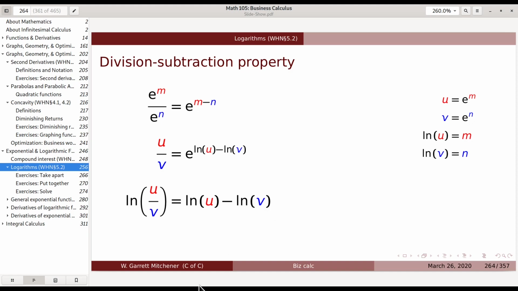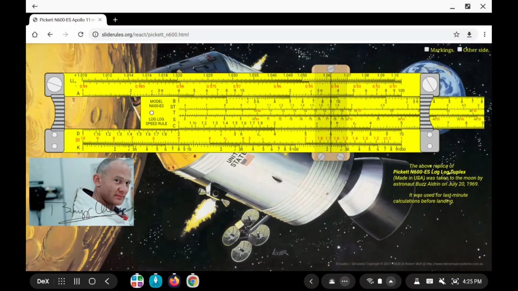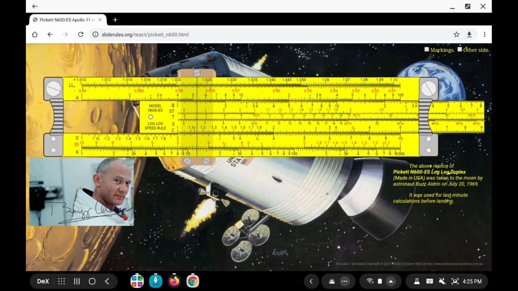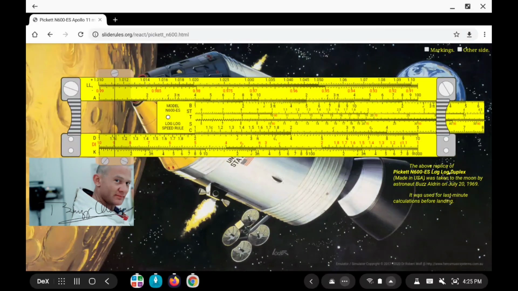I can show you that on the slide rule as well, because again, the distance from the 1 all the way over here at the beginning of the D scale all the way over here to 6, that length is the logarithm of 6. From this one on the C scale all the way up to the 3 on the C scale is the logarithm of 3.